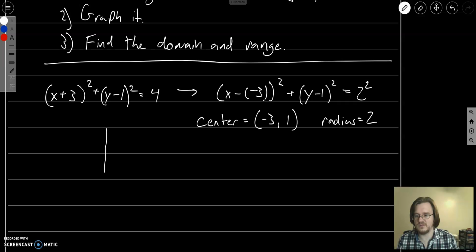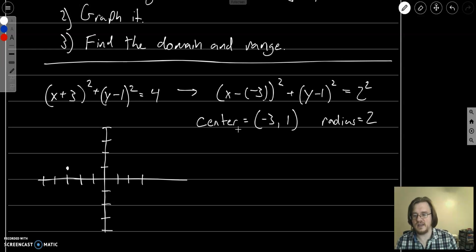So let's do this. The center is going to be at (-3, 1). So 1, 2, 3. We've got 3 back and 1 up. So here's the center. If here's the center, we know that the circle is going to be everywhere that's 2 away from the center.